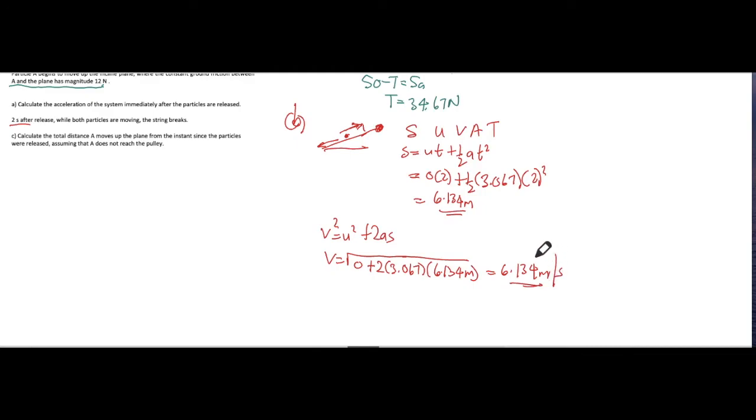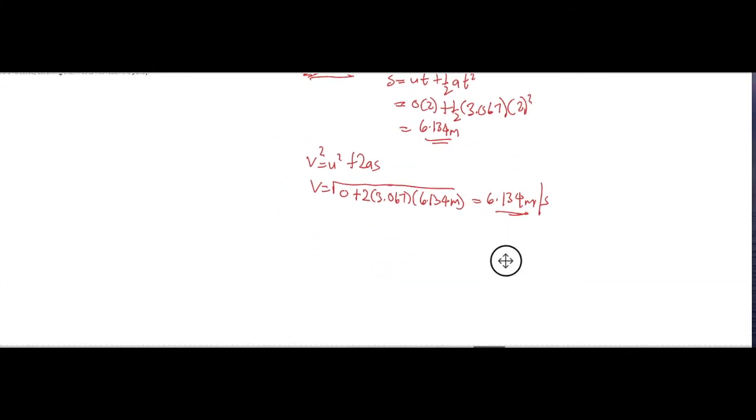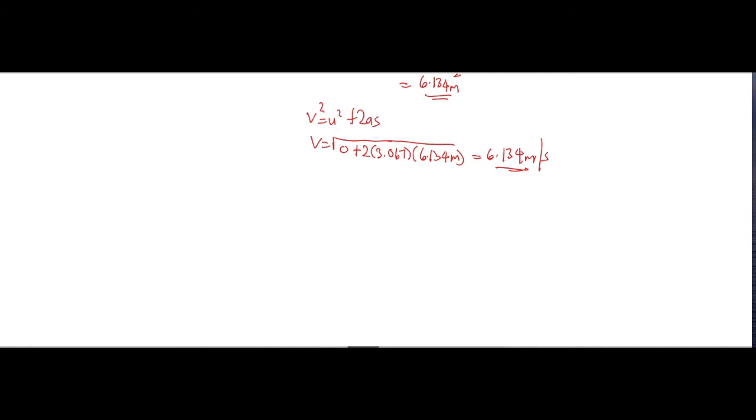Now, what happens when the string breaks? When the string breaks, there's no tension, so we have to find the new acceleration. So T minus mg sine alpha minus 12 equals ma. The string breaks, so T equals 0.